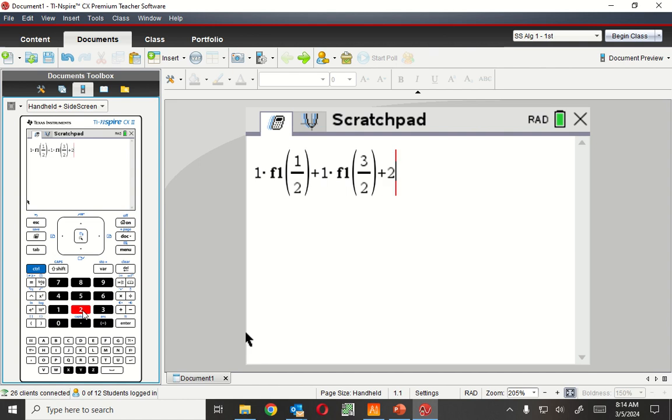Plus 2 times my vars, this one was 3, and plus 2 times my function, that one was 5? 5, okay.